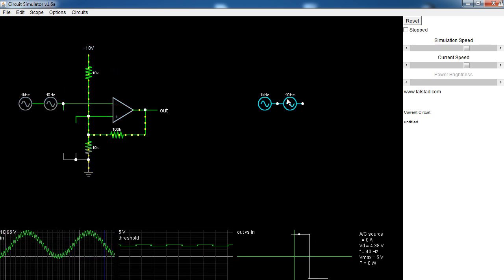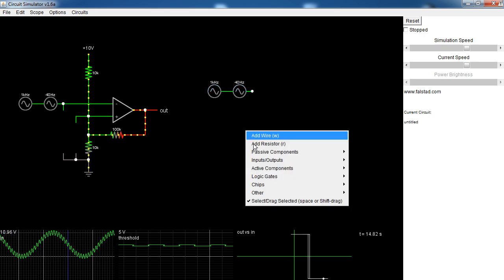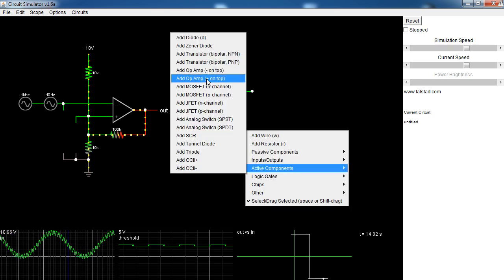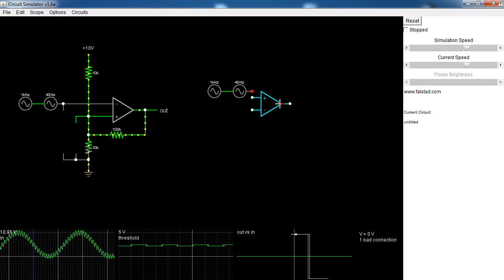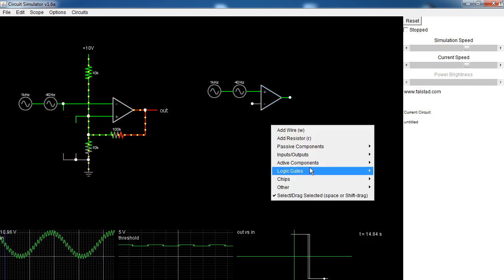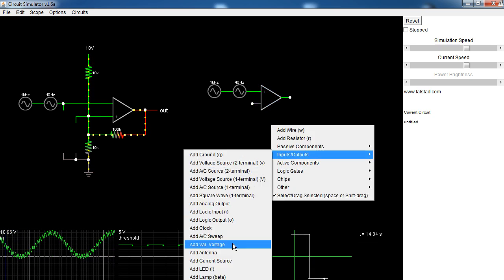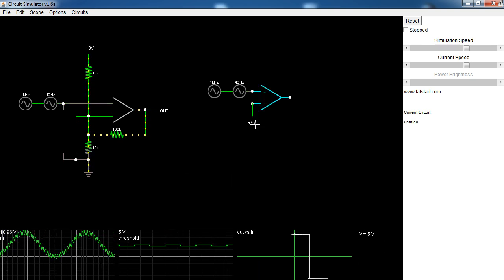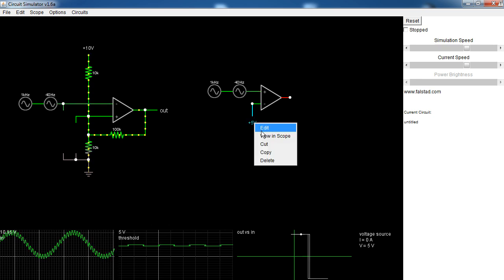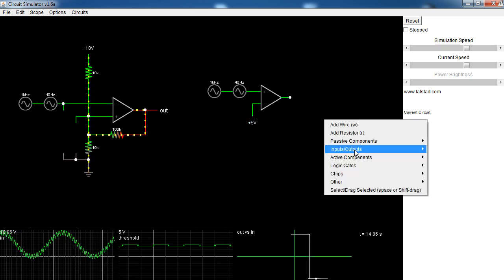And I'm going to plug this into a comparator. And I'm going to set the reference voltage to, where's the voltage source? There we go. I guess to 5 volts, that's fine.